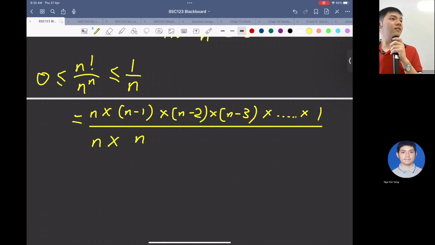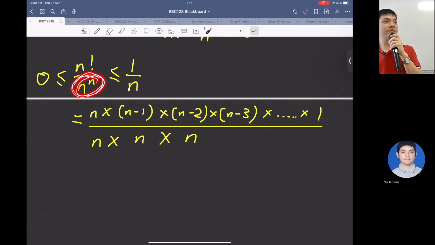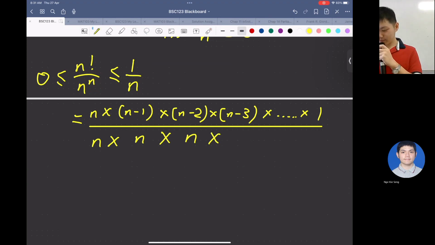N to the power n. For a fixed n, you only have n of them. We have n of them.